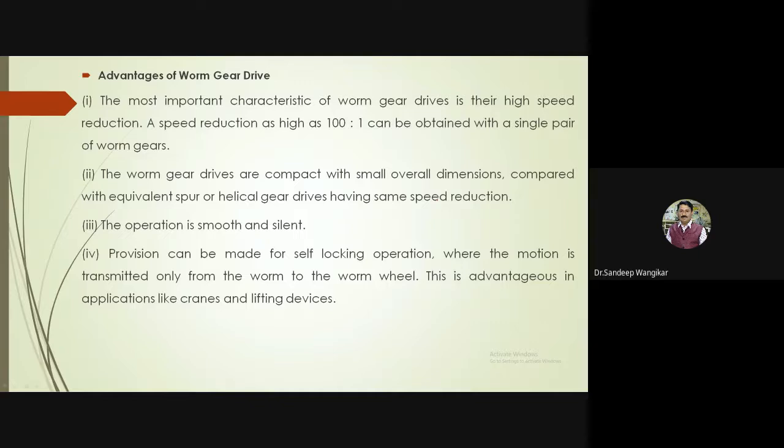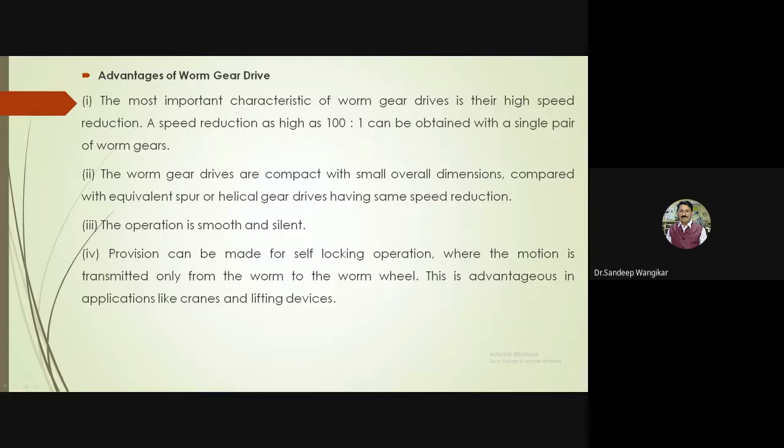Then the worm gear drives are compact in nature with small overall dimensions compared with equivalent spur or helical gear drives having the same speed reduction. See, if I want to go for 100 to 1 by using any spur or helical gear, then I have to go for multiple stages, 4-stage, 5-stage like this.